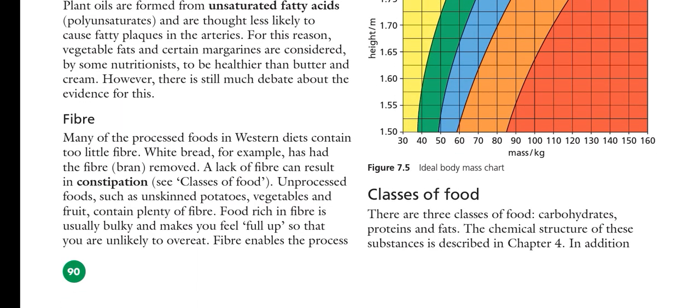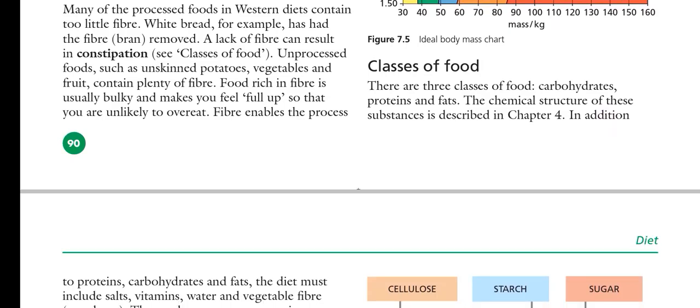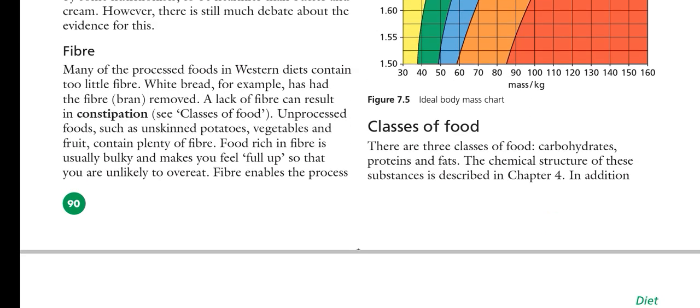So all this is about malnutrition and the negative portion of the different fibers and fats and different other minerals. Now the classes of food: actually, food is classified into three categories majorly, especially fats, which are also known as lipids, carbohydrates, and proteins.